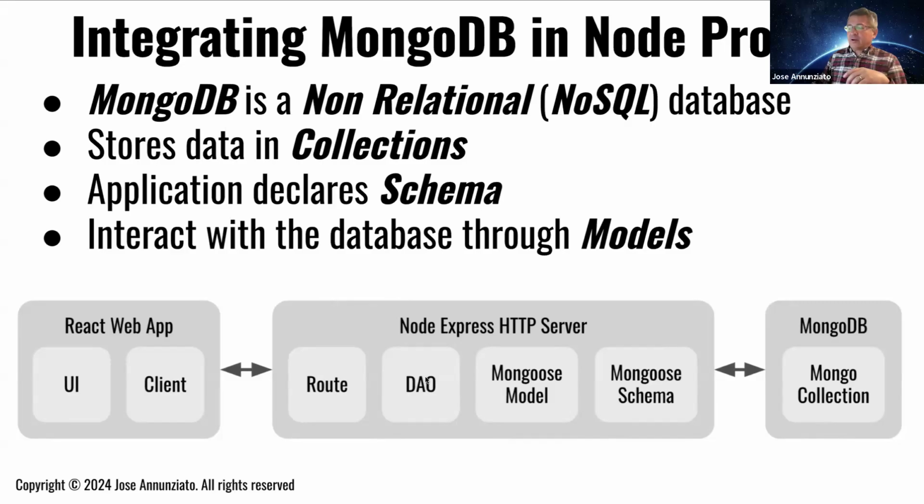But now the DAO is going to be talking to the database, which is remote, running in some other memory space, in some other process. So this communication is going to be asynchronous, and because it's asynchronous, the routes might need to be refactored a little bit so that we add async await, because all this communication is now asynchronous.